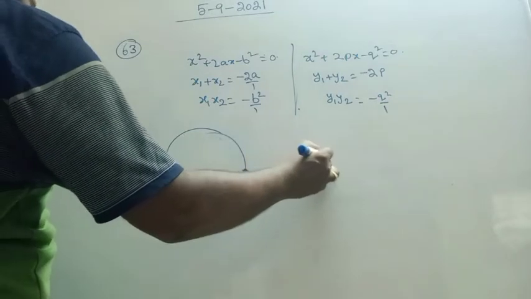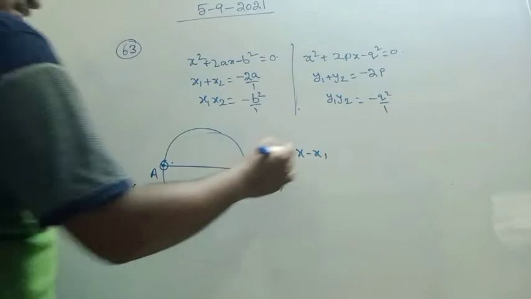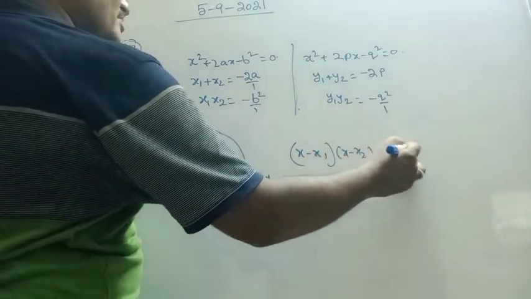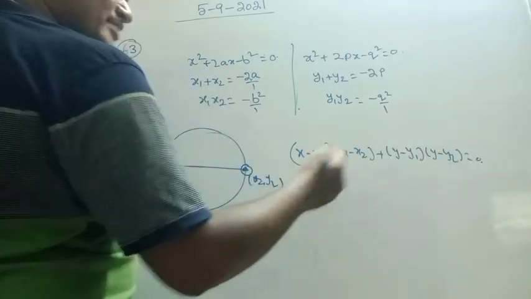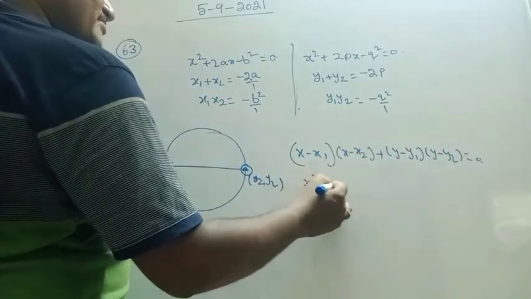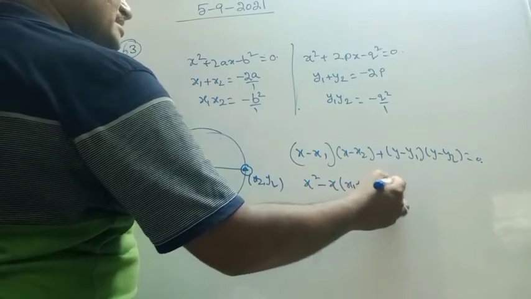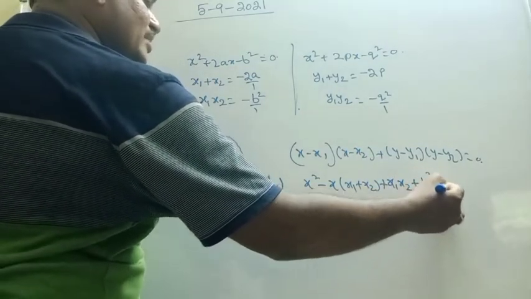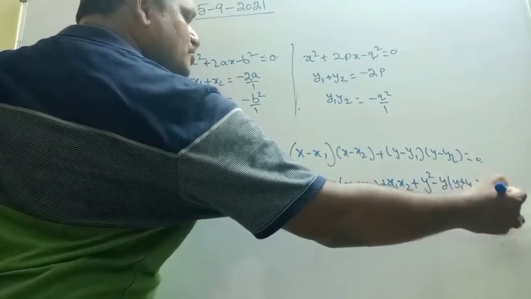Once the end points of the diameter are given, the circle is x minus x1, x minus x2 plus y minus y1, y minus y2 is equal to 0. When you multiply, this is x square minus x into x1 plus x2, plus x1 x2. Similarly, y square minus y into y1 plus y2 plus y1 y2 is equal to 0.